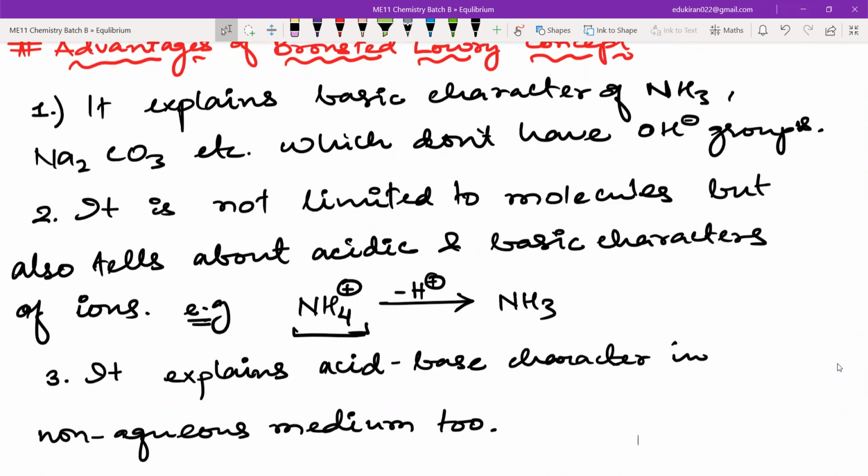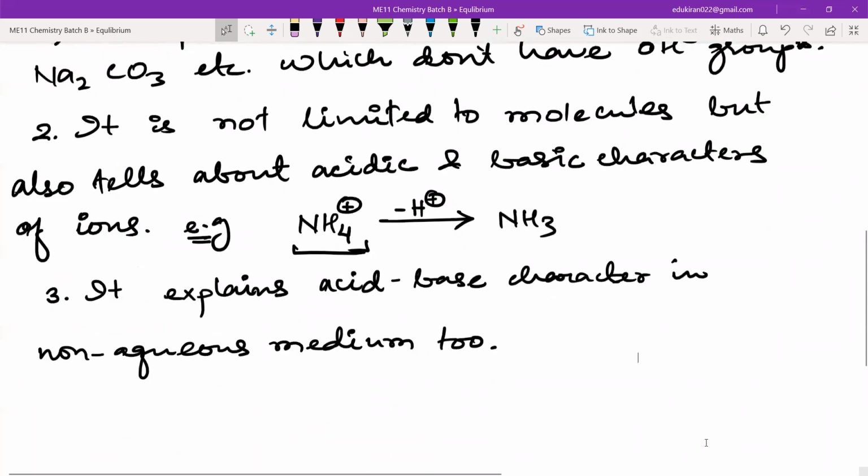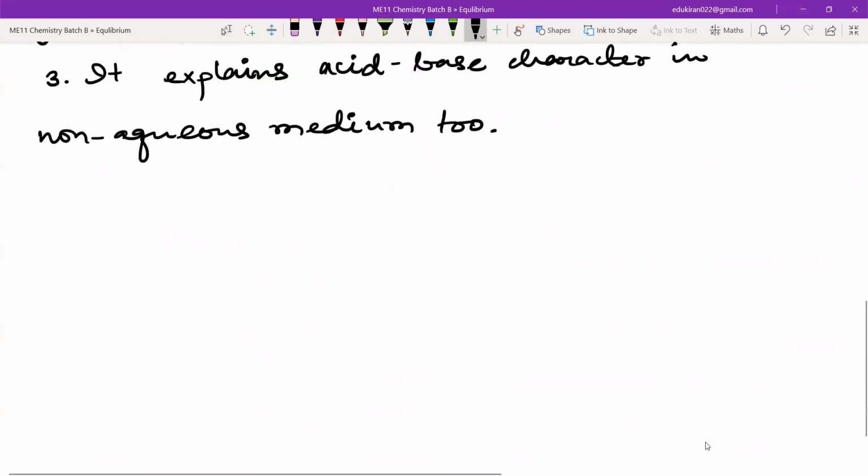If you can make the Lewis dot structure, then you will be able to see. Let me show you. If you make the Lewis dot structure, it will be something like this. When I say Lewis dot structure, I am not making dots. If I make it like this, oxygen, and negative charge here, and there is a hydrogen here. So this is HCO3 negative.